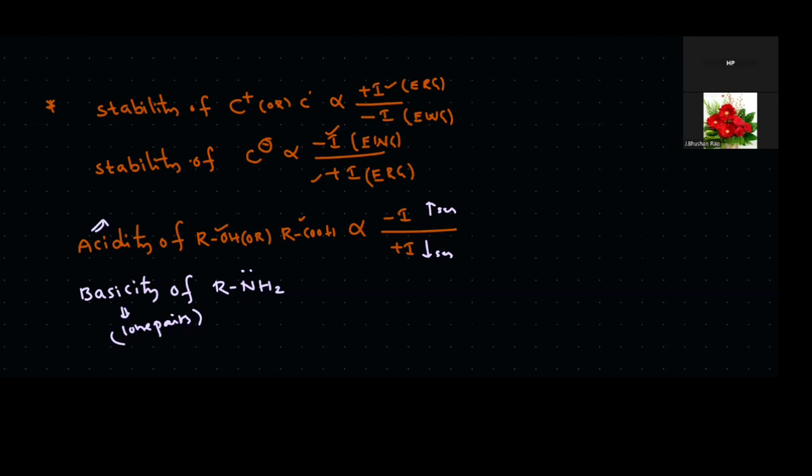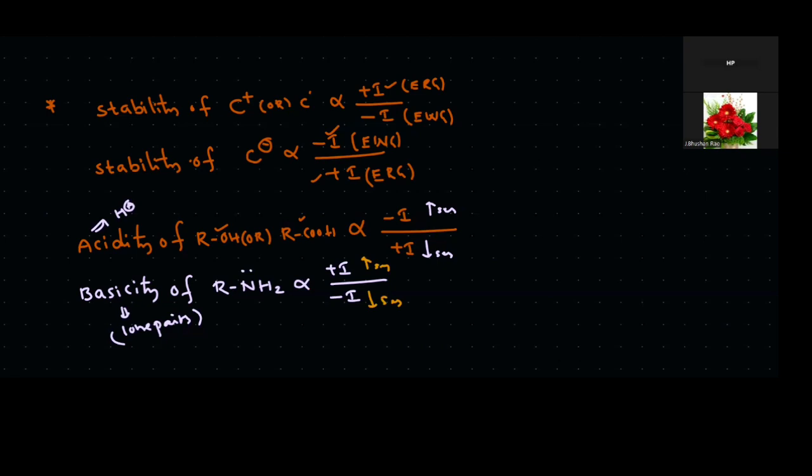Now RNH2 is directly related to plus I and inversely related to minus I. So a plus I group increases the basicity, and minus I decreases the basicity. These are the formulas, very important.